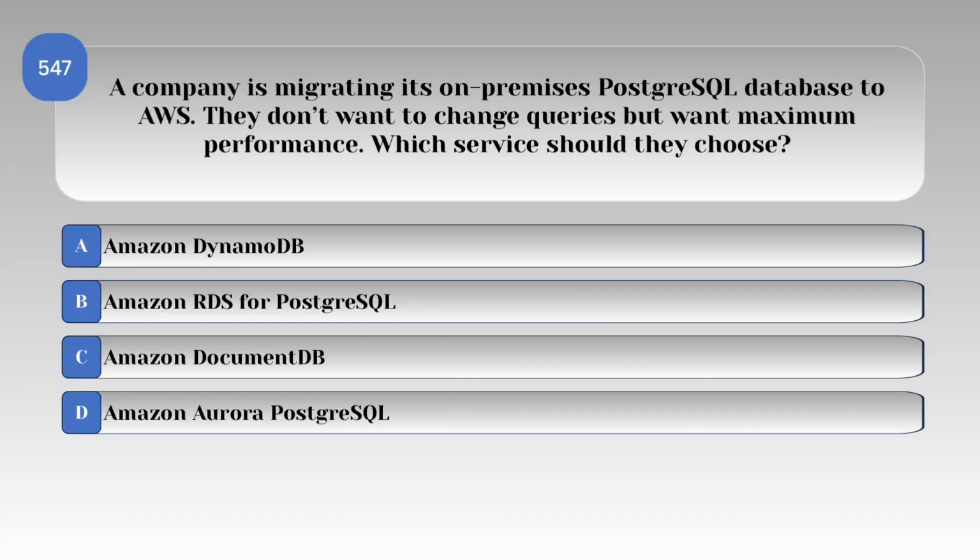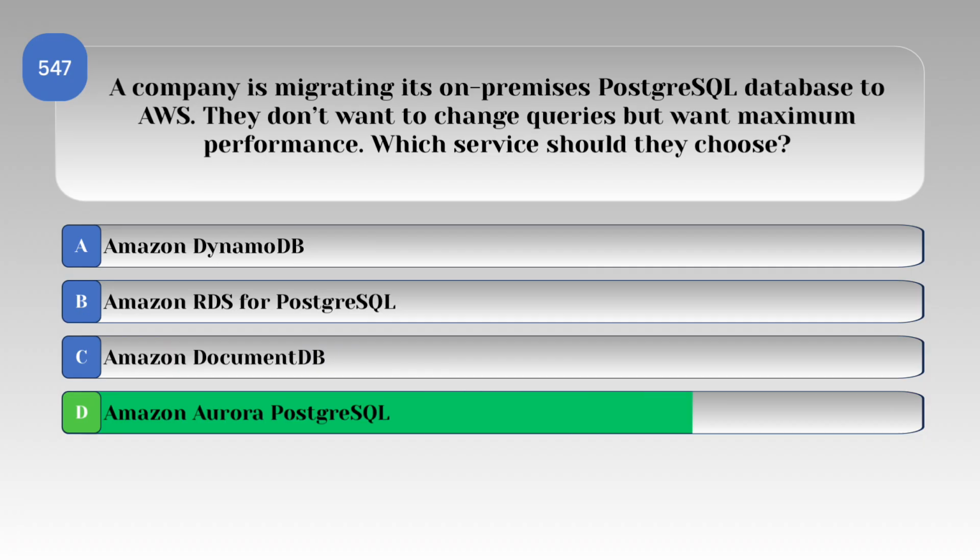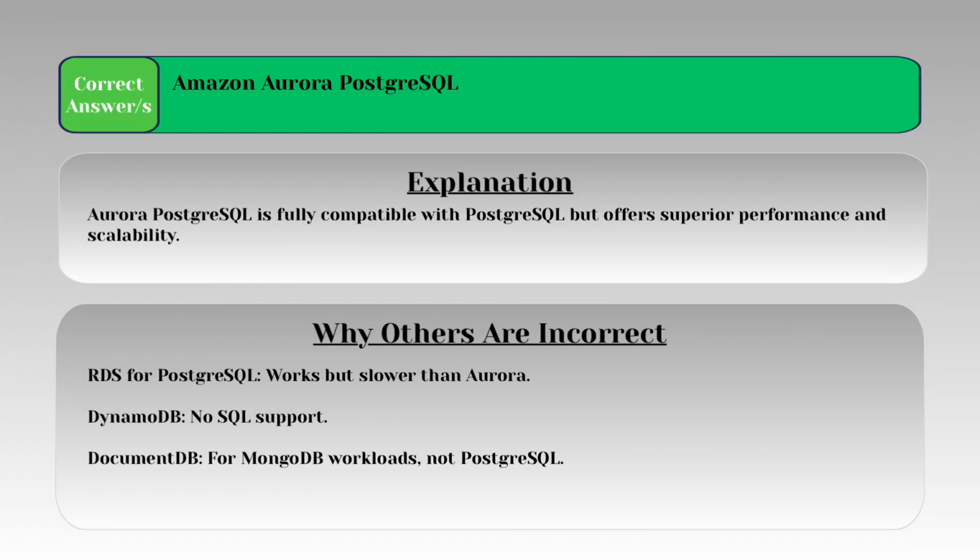A company is migrating its on-premises PostgreSQL database to AWS. They don't want to change queries but want maximum performance. Which service should they choose? Correct answer, Amazon Aurora PostgreSQL.